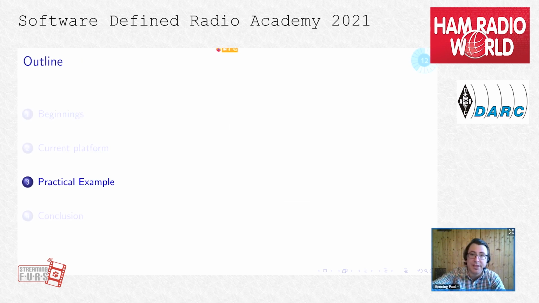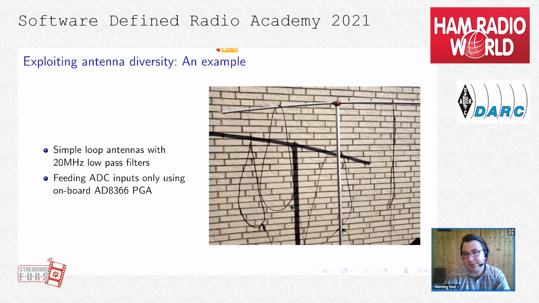And what can you do with this setup? I have tried a little bit. This was a little bit silly, but it was a quick and dirty test that I did. I built 2 loop antennas. I guess some of you may smirk at how my loop antennas look.